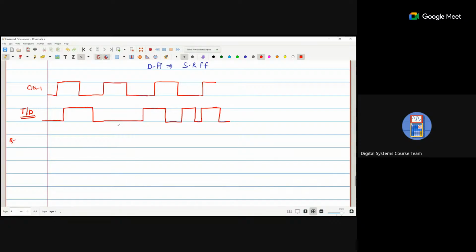I just say my Q is 0, that means the previous condition Q is 0.